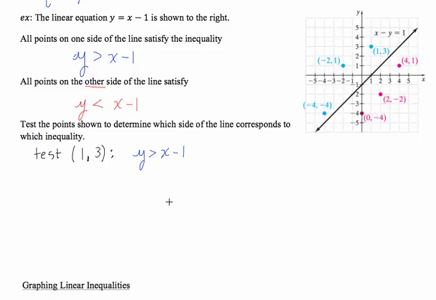This means x is 1 and y is 3, so if we plug that in, we'll have 3 is greater than 1 minus 1. 1 minus 1 is 0. Is 3 greater than 0? Yes, that's true. So I got lucky and picked the right side. Any point on this side of the line, because 1, 3 is on this side, will solve the inequality y is greater than x minus 1.